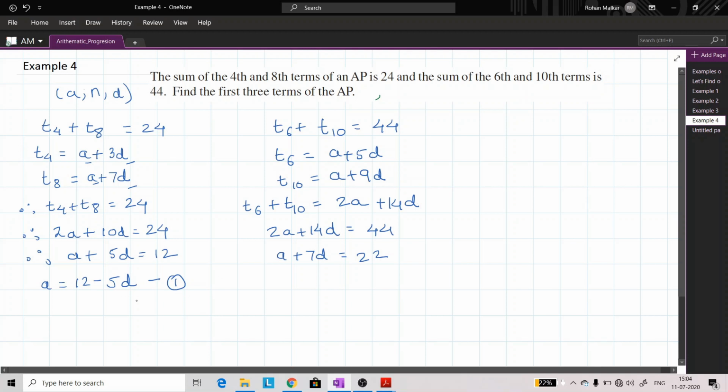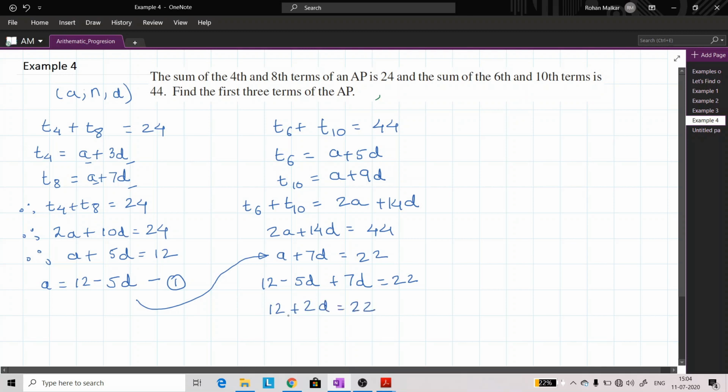Now we already know the value of A in terms of D from equation 1. I'll substitute A in this equation and I get 12 minus 5D plus 7D as it is will be equal to 22. So plus 7D minus 5D gives you 2D. So I get 12 plus 2D will be equal to 22.